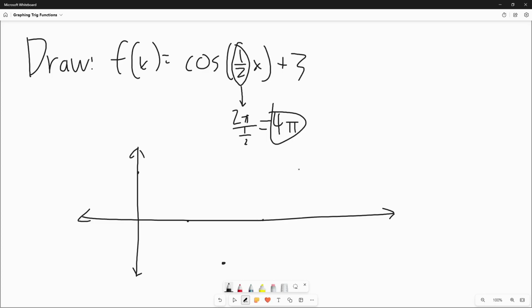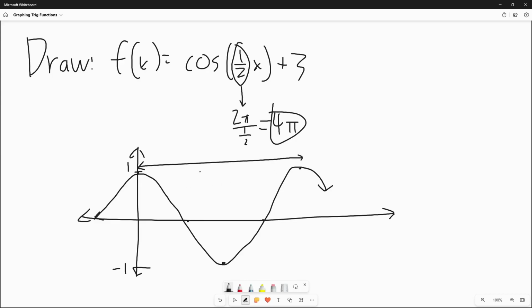Like this. Doesn't have to be good. I'm just drawing it to show you. And the original cosine function has points here where the graph lines up horizontally. And the part where it can repeat, which is the period, is 2 pi.